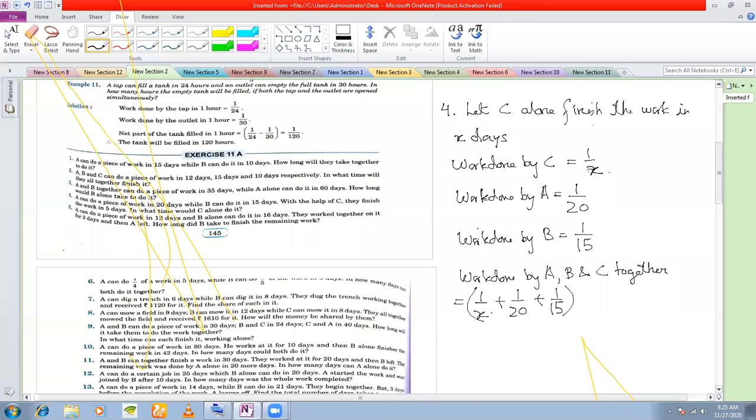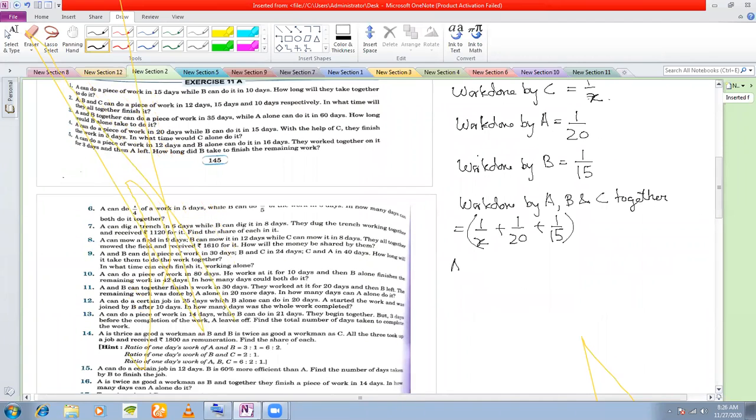Okay. And together they are finishing the work in how many days? 5 days. Together when they are working, then in how many days are they finishing? They are finishing in 5 days. Therefore, work done must be 1 by 5.